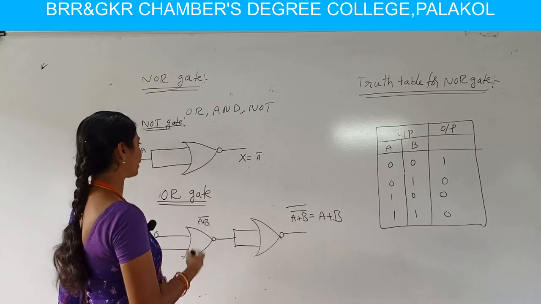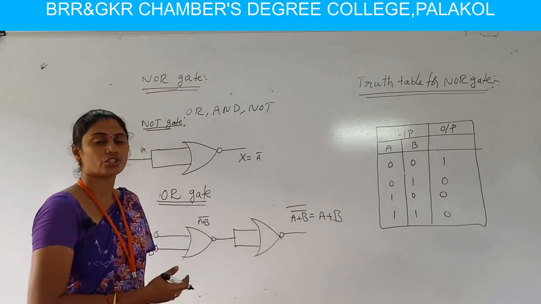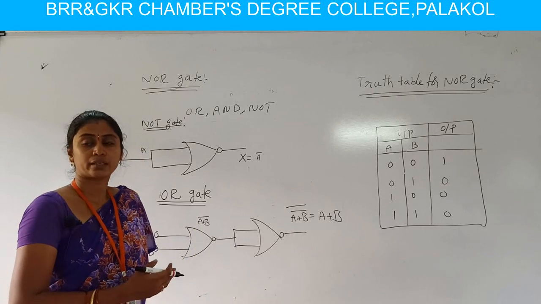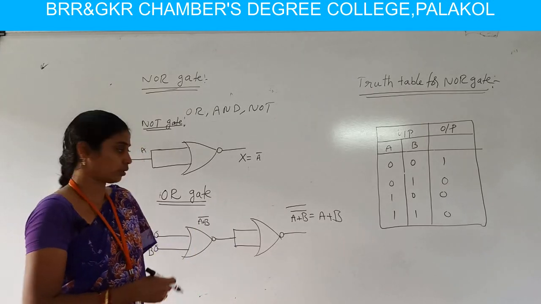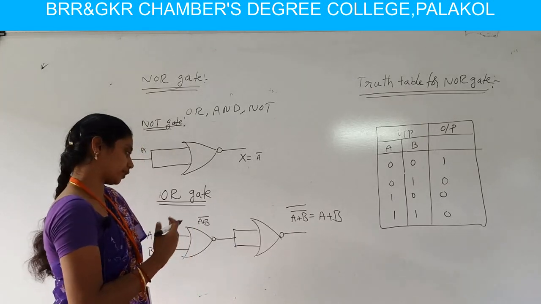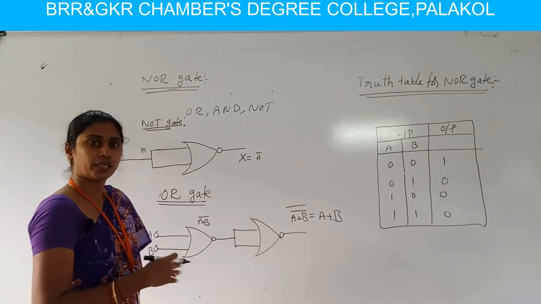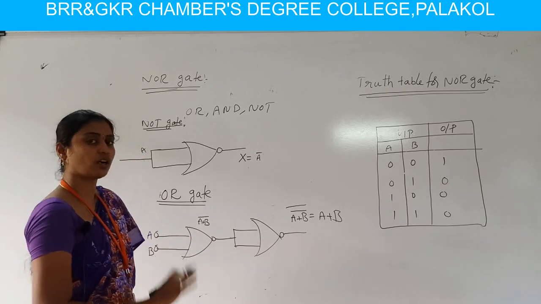Considering the variables 0 0, 0 1, 1 0 and 1 1, we can conclude that from NOR gates connected in series, we have the OR gate.